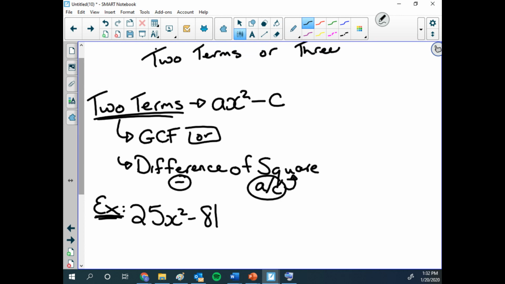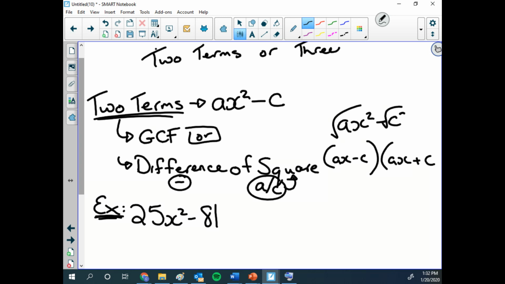So factoring of difference of squares, because both terms are perfect squares, my easy shortcut to do this is to take the square root of each number. If I square root this, I'm going to break this up into ax minus c and ax plus c.